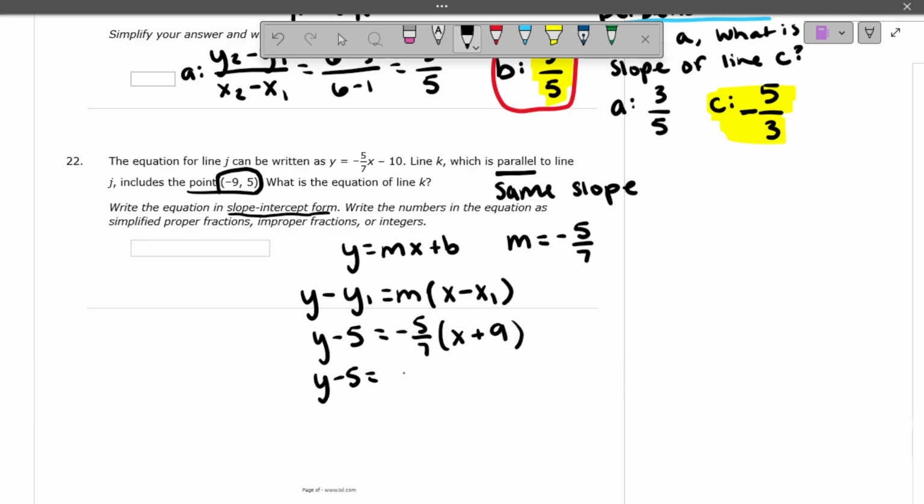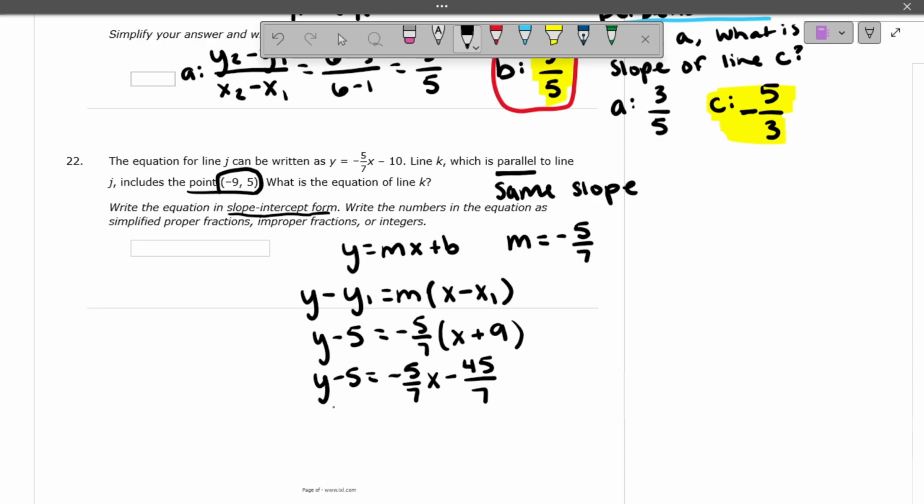Let's bring down that y minus 5 and do negative 5 over 7 times x, which is negative 5 sevenths x. And then we're going to do negative 5 over 7 times 9. So let's do that real quick. That will work itself out to, putting this in a fraction still, a minus 45 over 7.